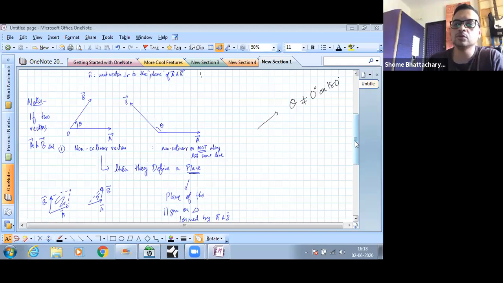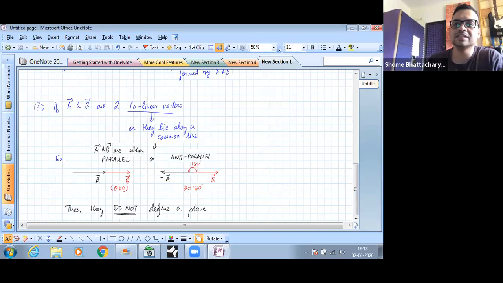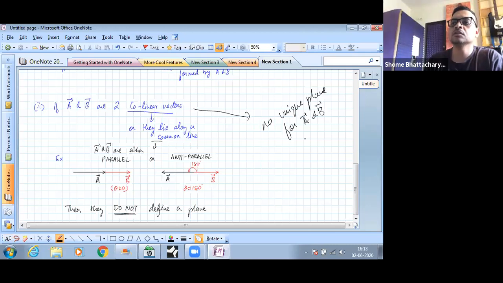Whereas the moment you talk about collinear vectors, they are now a single line. They form a single line. So there is no unique plane. There are infinite planes that contain them. Okay? So the moment you have this situation that they are collinear vectors, so now there is no unique plane for A and B. Okay.